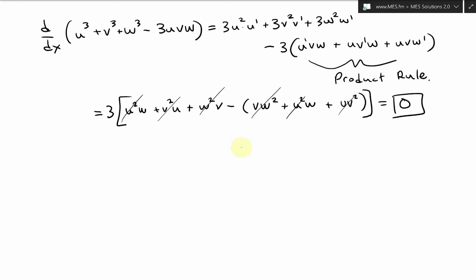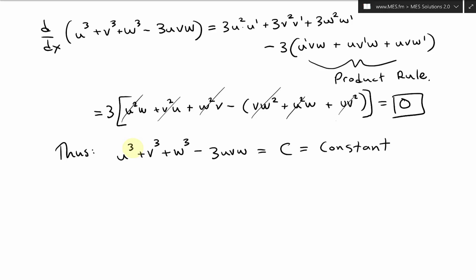Like that. Alright, so if it's equal to 0, that means if you take the integral of that, basically what it's saying is that u cubed plus v cubed plus w cubed minus 3uvw has to equal c, which is a constant.